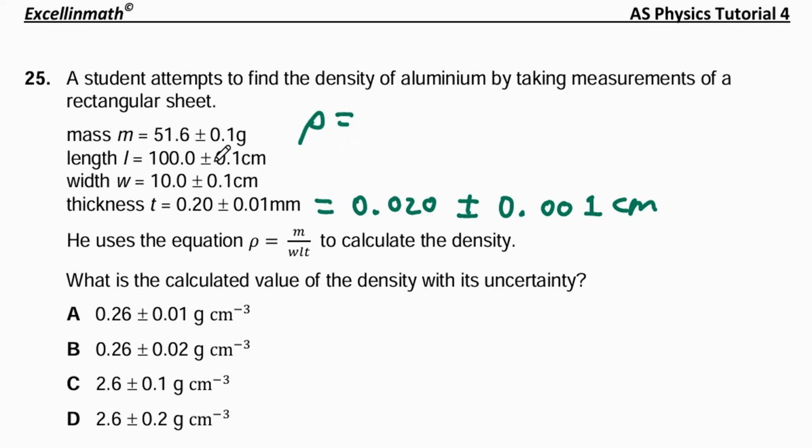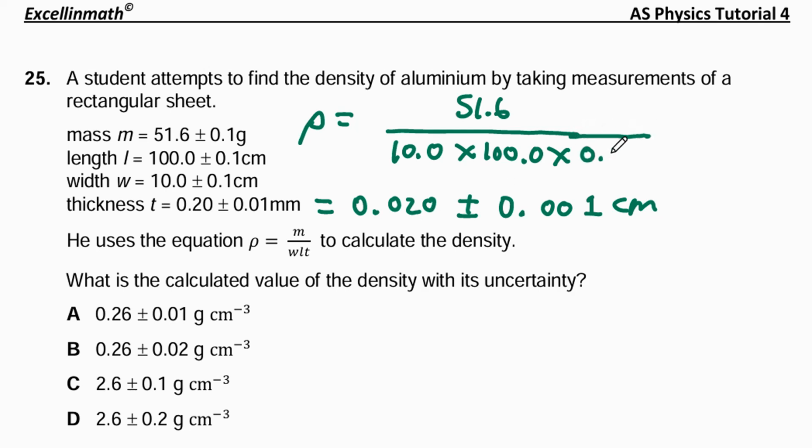So the density rho will be the mass divided by the width multiplied by the length multiplied by the thickness. And of course that must be in centimeters. And then on a calculator, this comes to 0.26. So we know the answer must be either A or B.